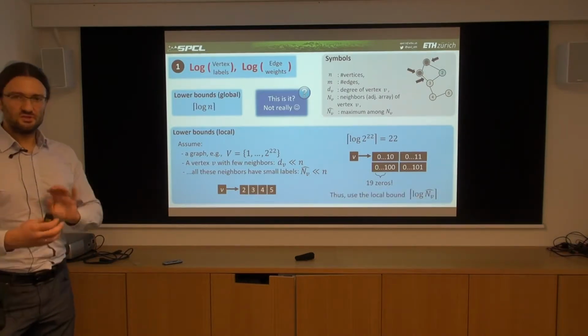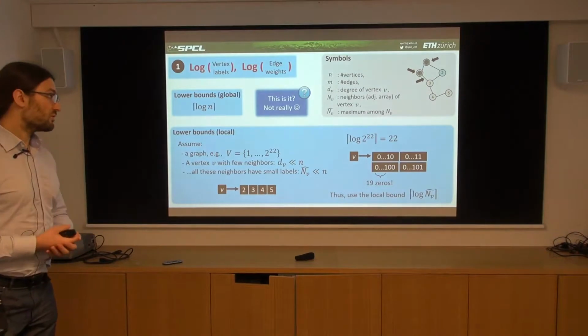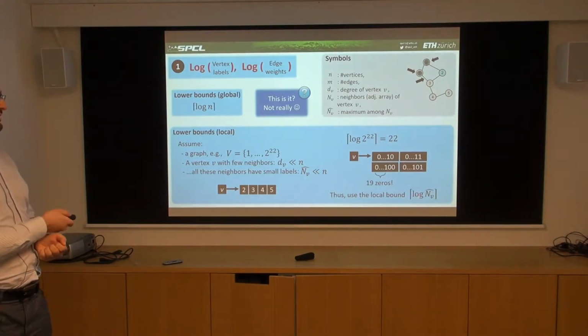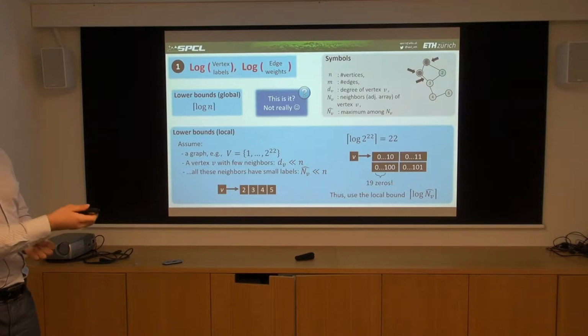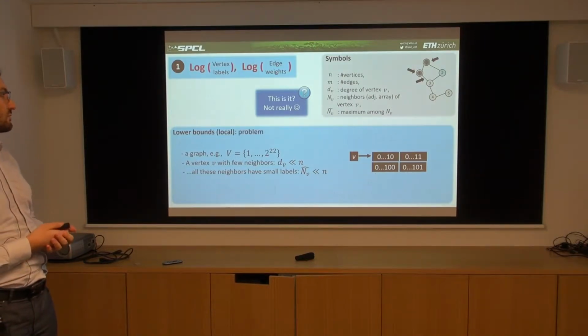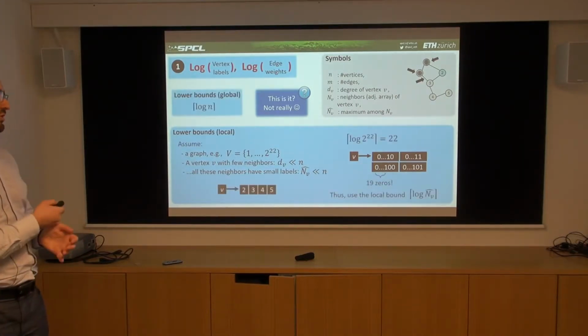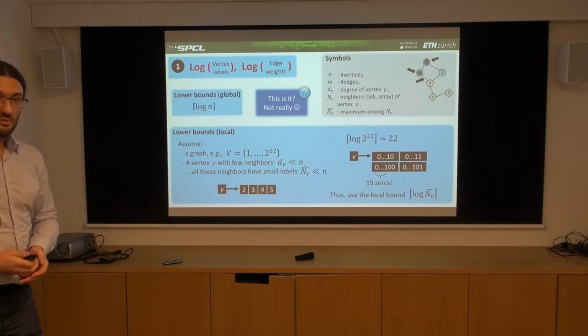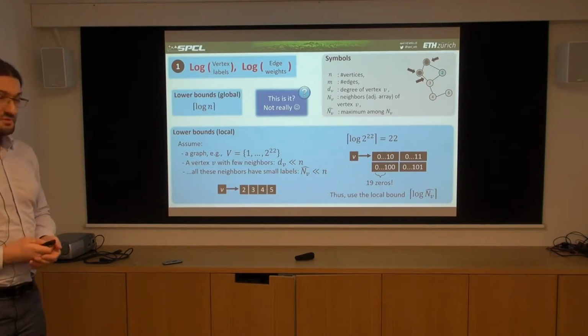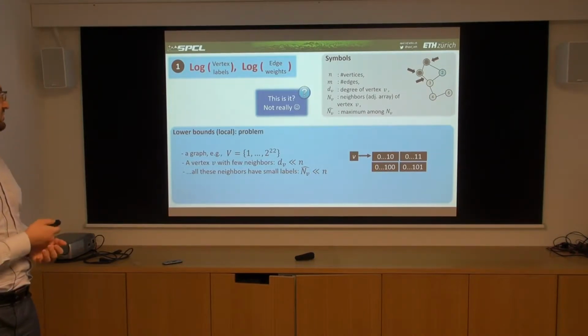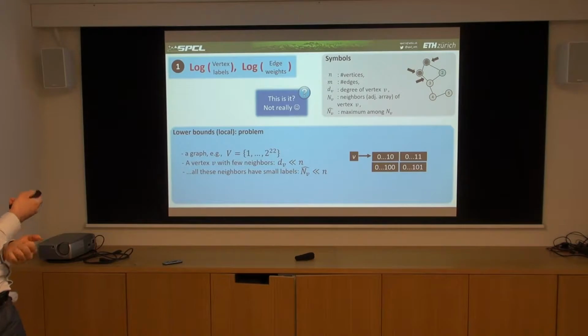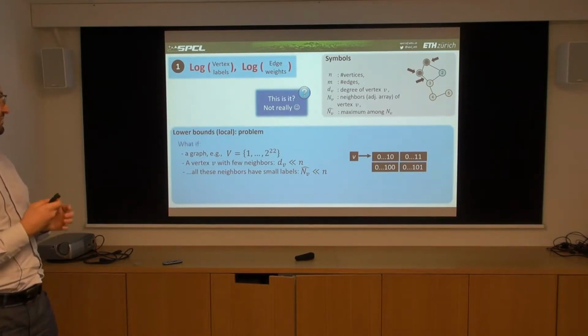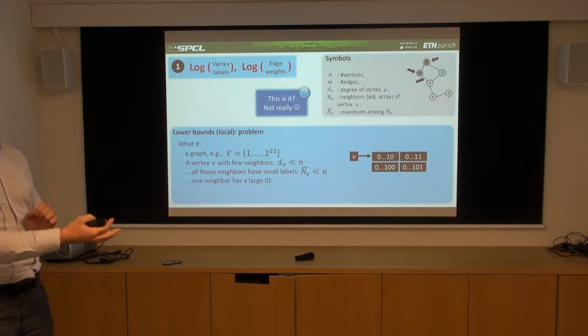Right? So this is bad, and this is why the first step in Log(Graph) is to use the local bound, ceiling of the log of the maximum label in each of these neighborhoods, because this allows us to alleviate this problem. We no longer have these leading zeros, at least in this example. Right, but it still doesn't really solve all the problems, or even many of them, because what happens if we have the same graph as before, and again we have this neighborhood with very few neighbors, very small labels, but one of these labels has a very large ID?